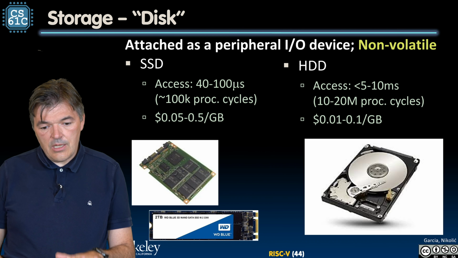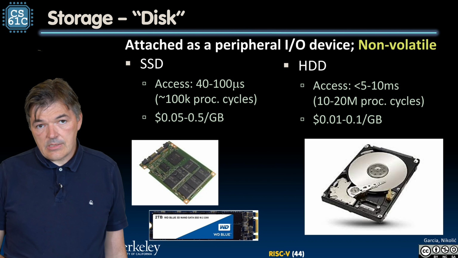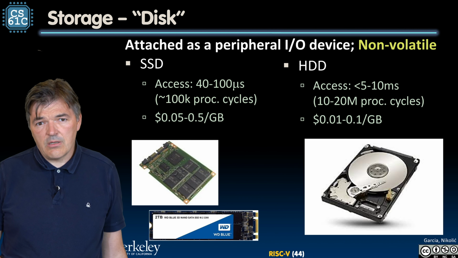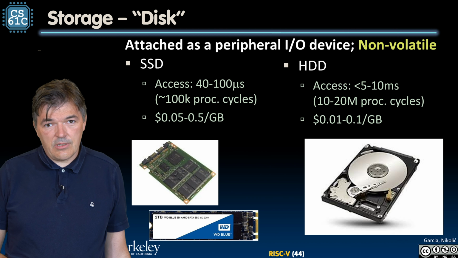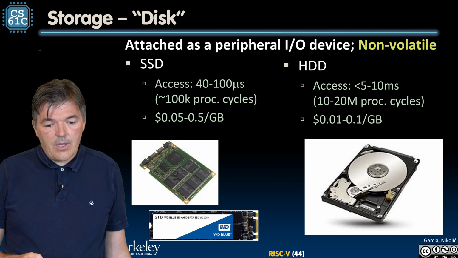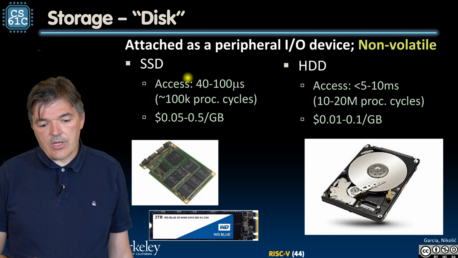SSD and HDD have very different characteristics and different price. SSD is a lot faster, so each access is something like 40 to 100 microseconds, meaning it is significantly slower than the DRAM, taking, say, 100,000 processor cycles to access the SSD.